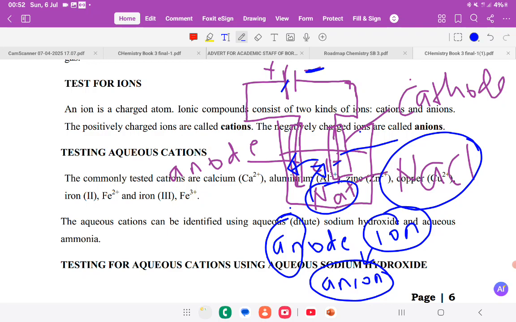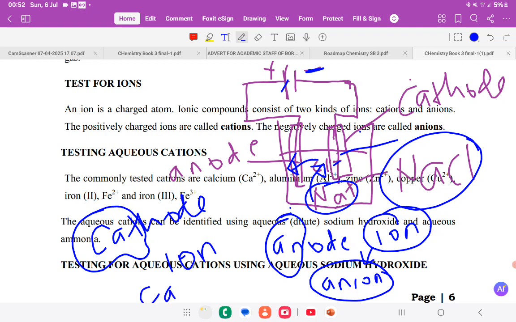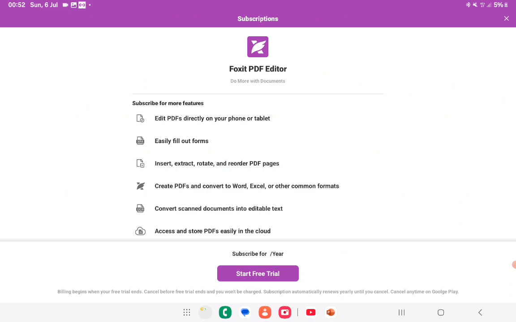So if you take the word cathode and the ion, consider the first part, the prefix of the cathode name, which is cat, and then you add this to ion. It will form the name cation. That's where these names are coming from.